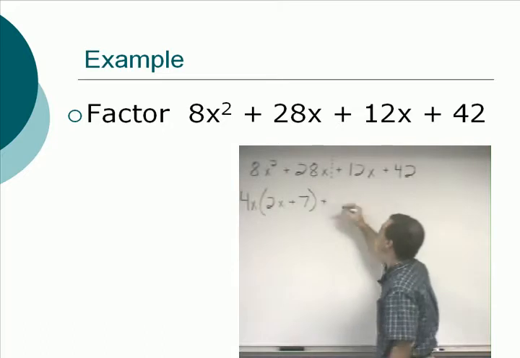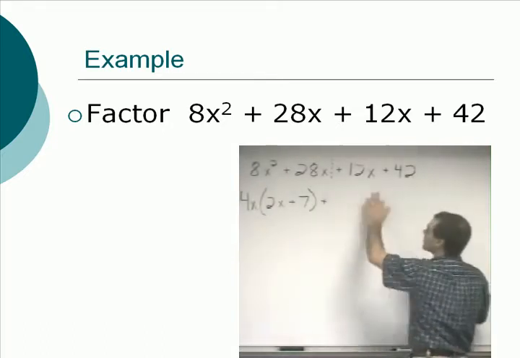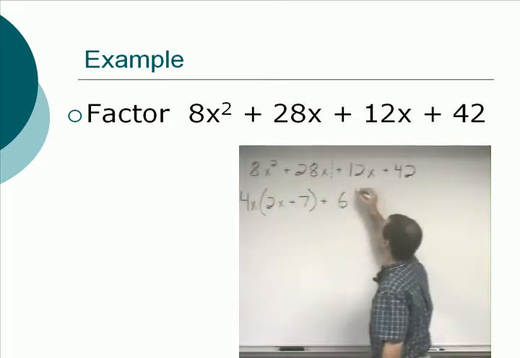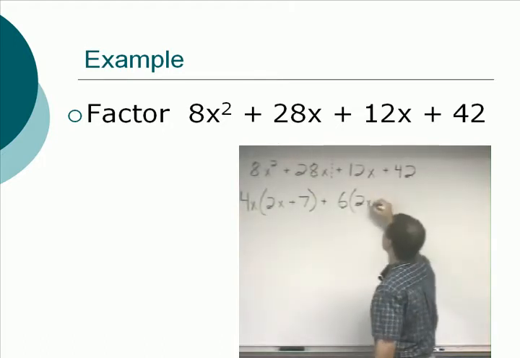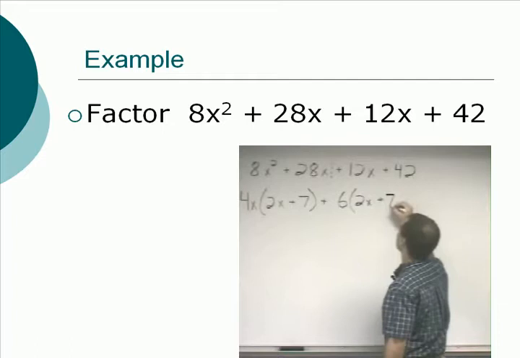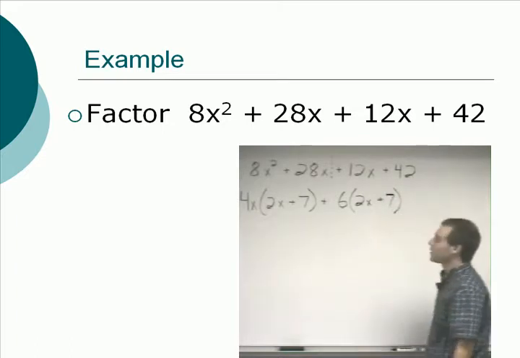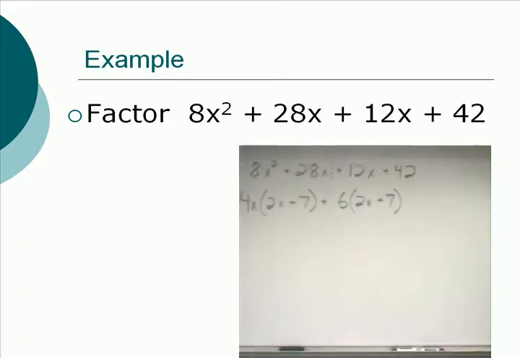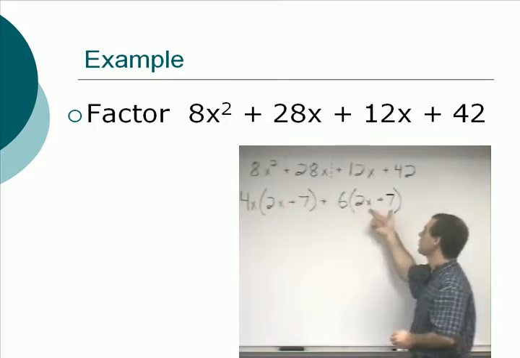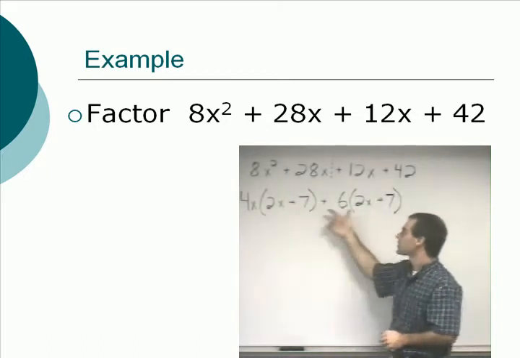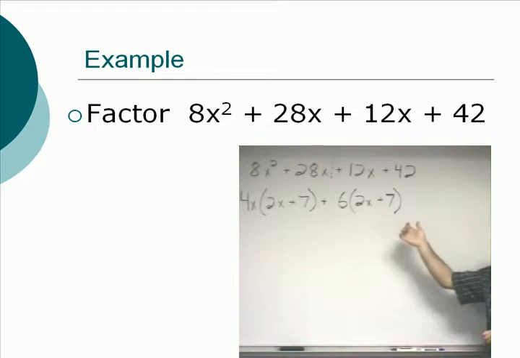Plus, we factor the second two terms, we can factor out a 6, and we're left with 2x plus 7. Now, not any four-termed expression is going to factor by grouping. We won't have accomplished anything unless, after you factor by grouping, these two factors inside the parentheses match.